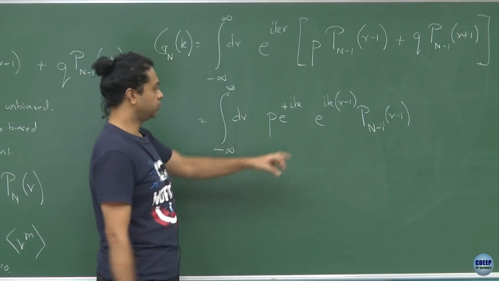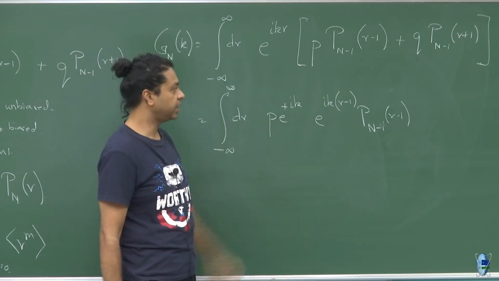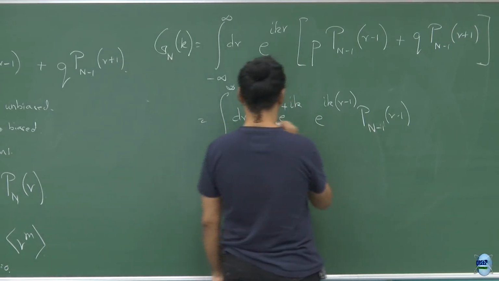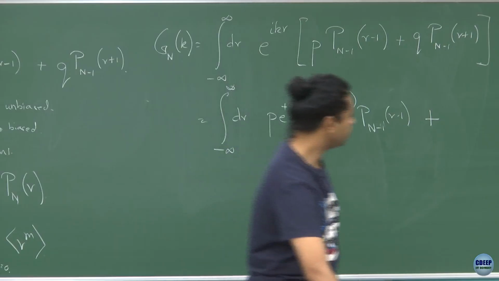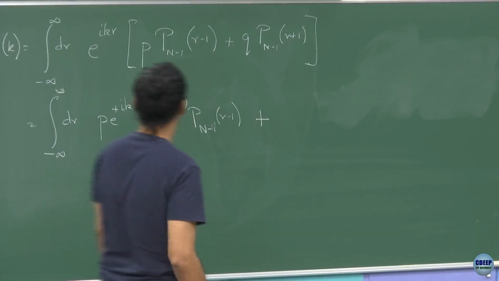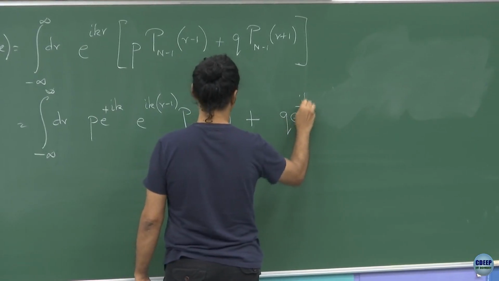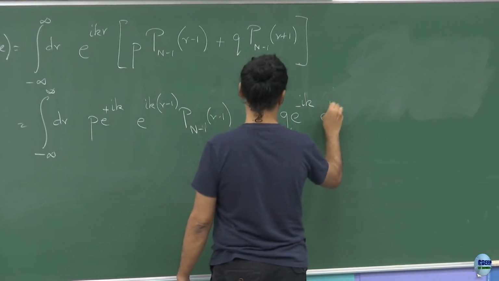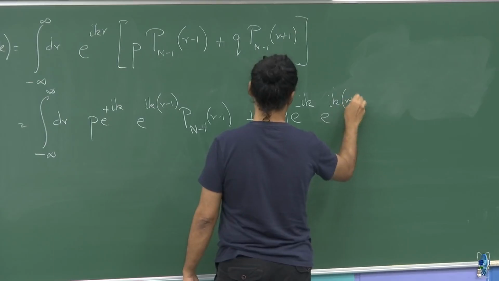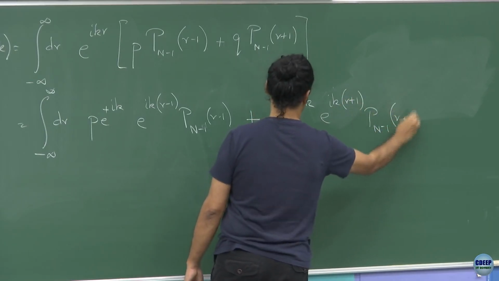So, I divide and multiply by e to the power of I k. So, this becomes I k r minus 1. That is one term, and then I do the same thing over here. I do a q e to the power of minus I k, then I do e to the power of I k r plus 1 p n minus 1 of r plus 1.